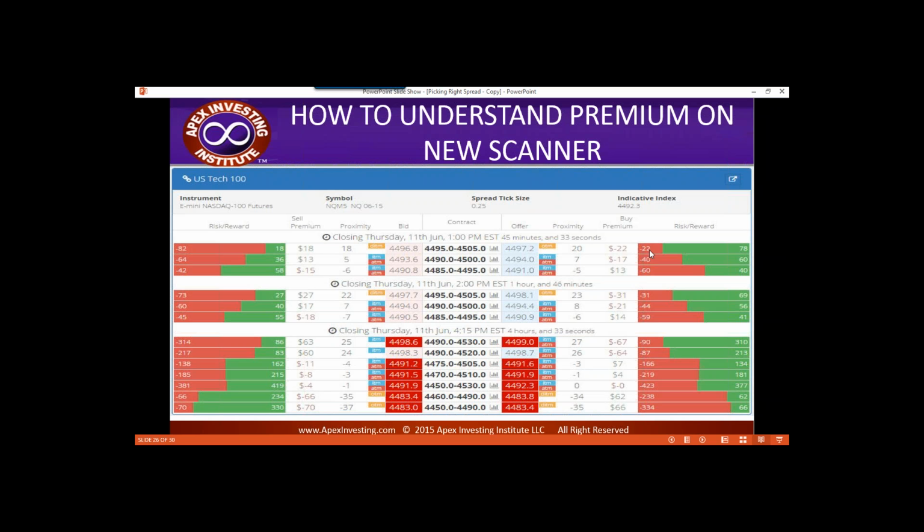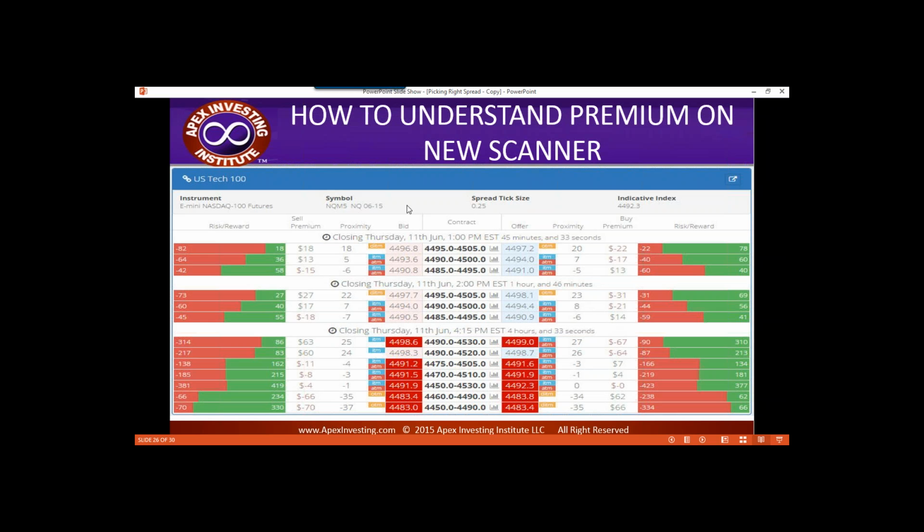Because yes, you can get into them a little bit cheaper, and therefore you could do more of them and make out very well with a big move, okay? But you can see it right there very easily, the positive or negative premium, okay? And it's up to you whether you're going to buy or sell premium, okay?